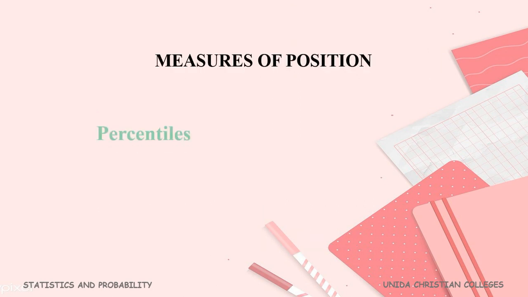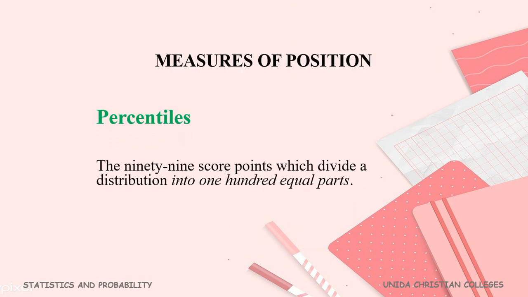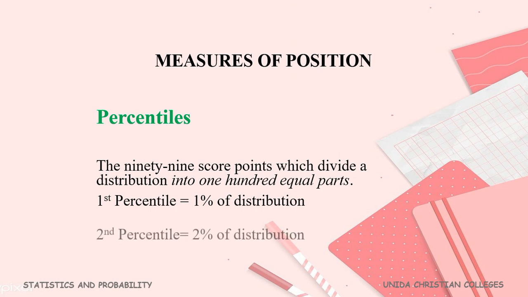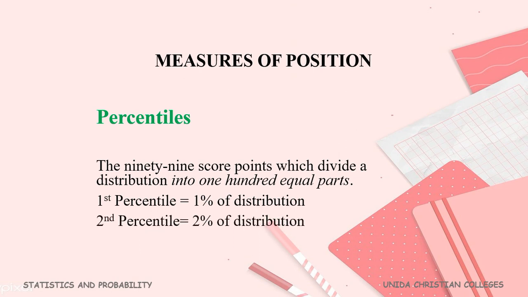And last is the percentiles. So the 99 score points which divide the distribution or the data into 100 equal parts. So sa 100 siya ngayon dinivide. So meaning your first percentile is 1% of the distribution, second percentile 2%, third percentile 3%, and so on hanggang sa makaabot ka sa 99th percentile, which is the 99% of the distribution.